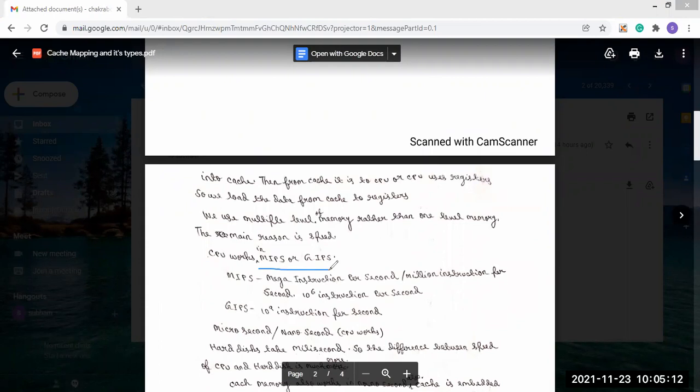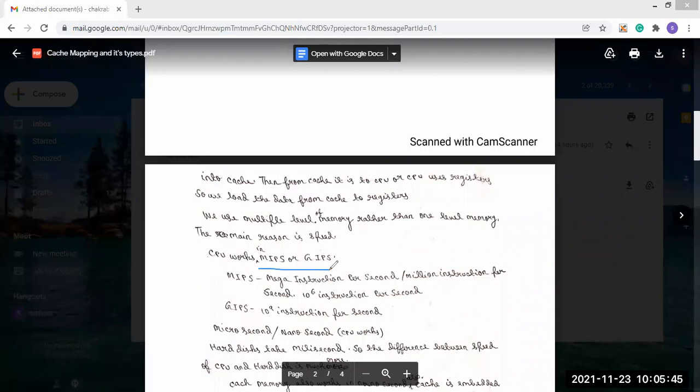CPU works in MIPS, that means million instructions per second, which is 10 to the power 6 instructions per second, or GIPS, giga instructions per second, which is 10 to the power 9 instructions per second. So the CPU works very fast.